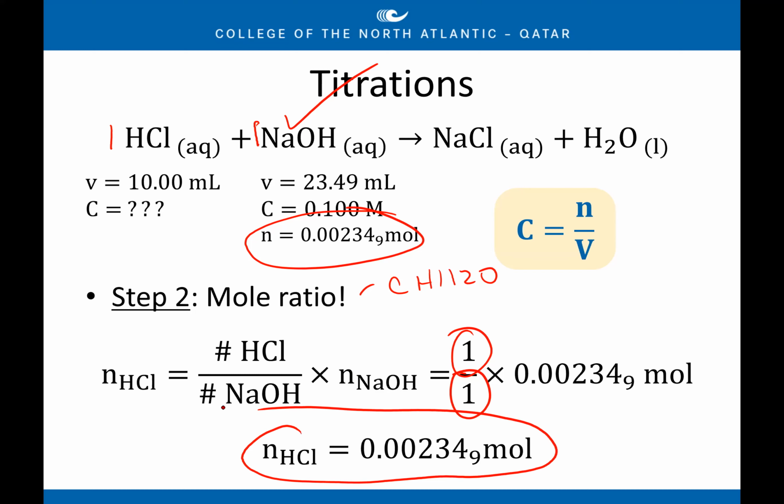Now, because this reaction is 1 to 1, meaning I have 1 mole of HCl for every 1 mole of NaOH, you'll notice that the number doesn't change, and that's normal if the ratio is 1 and 1. All right, there's only one step left. This is a 3-step problem. I'm looking for the concentration of HCl.